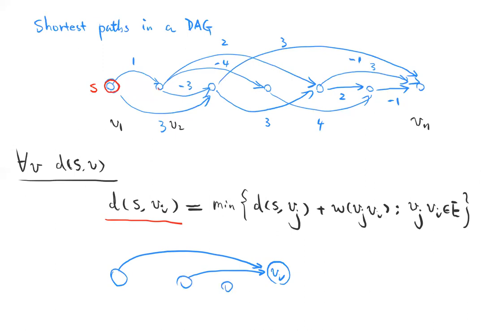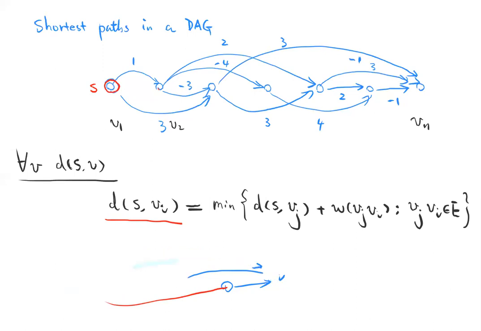If there are 3 in-neighbors, the shortest path may go through this vertex, or this vertex, or this vertex. We don't know which one, so it will be the minimum of them. That's the recurrence relation. Take the minimum of them. All right, so we get a recurrence relation.